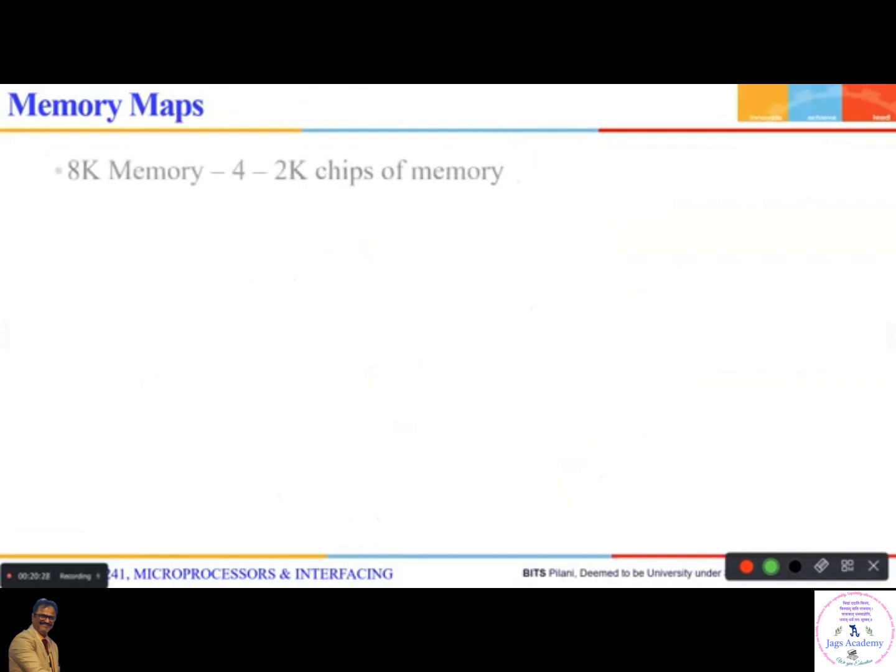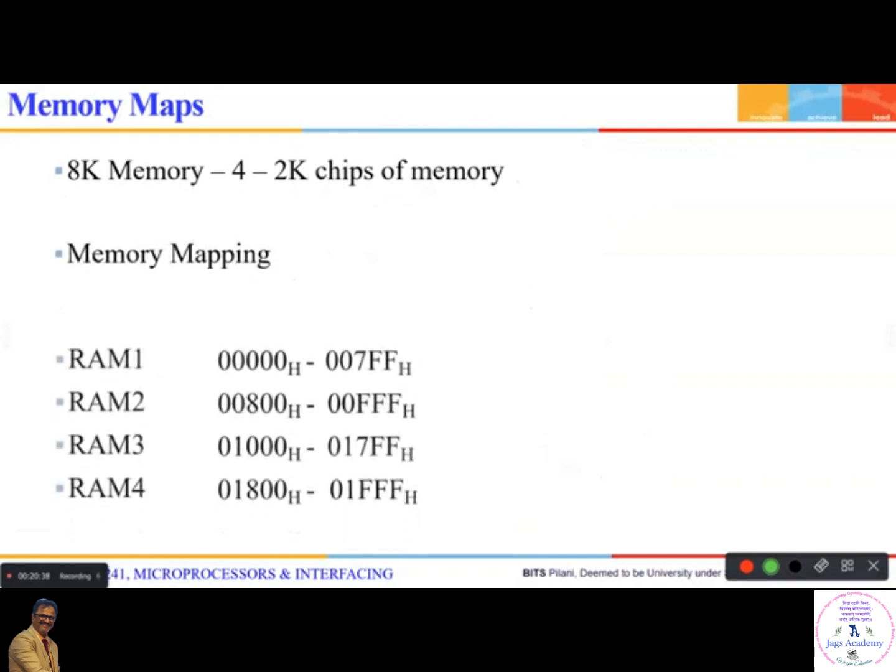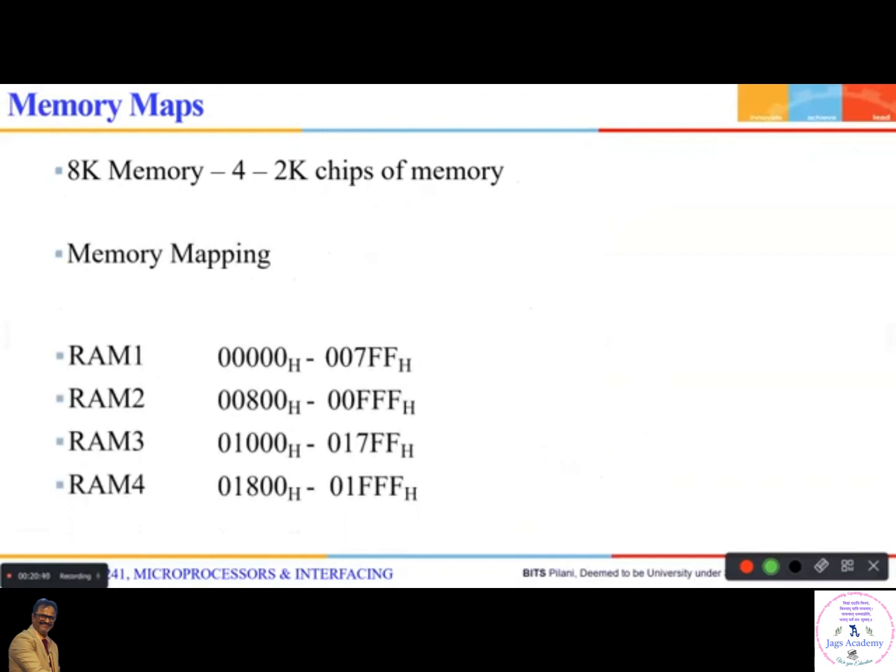Before that, I will recap whatever I have told you just now. For 8K memory, 4 2K memory chips are required. Memory mapping we have already done. RAM 1 is from 0000H to 07FFH. RAM 2 is from 0800H to 0FFFH. RAM 3 is from 1000H to 17FFH.